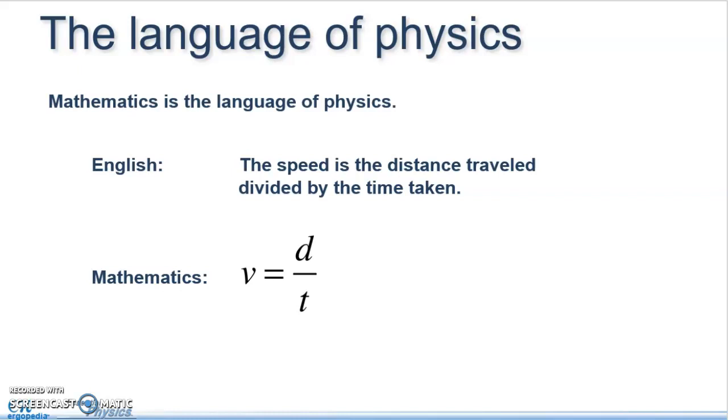So the language of physics: we're going to use a lot of mathematics in describing physical phenomena. It is very important for the science of physics that the world can be modeled with mathematical relationships.